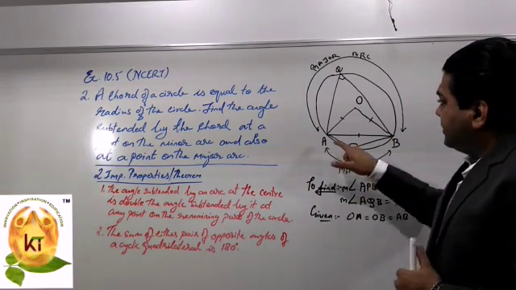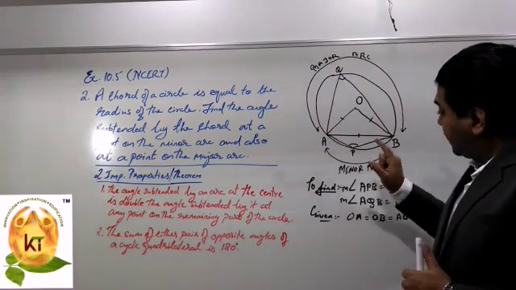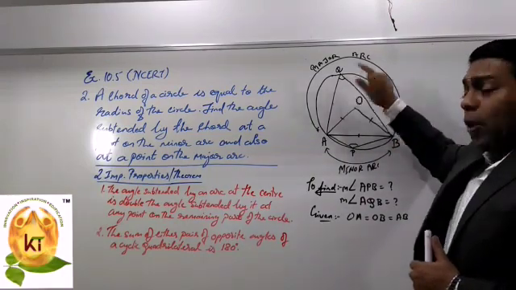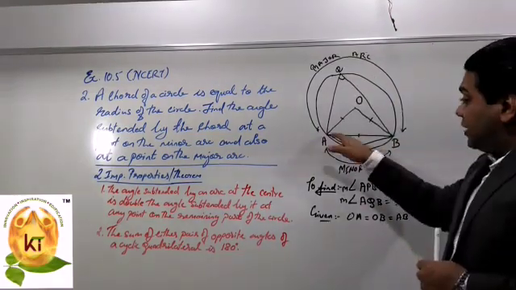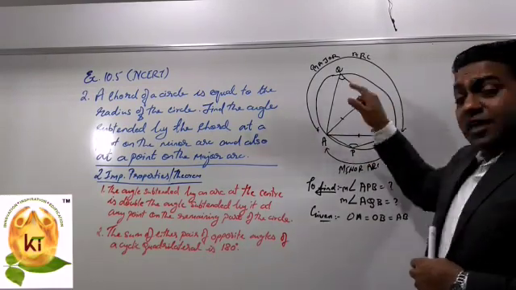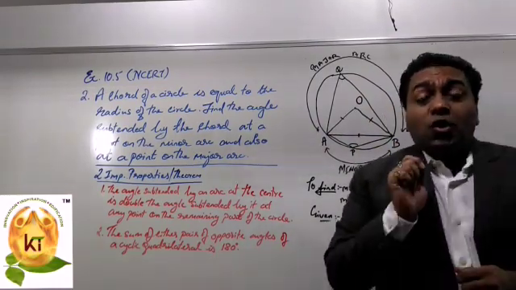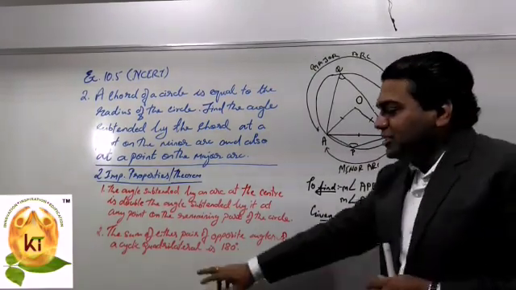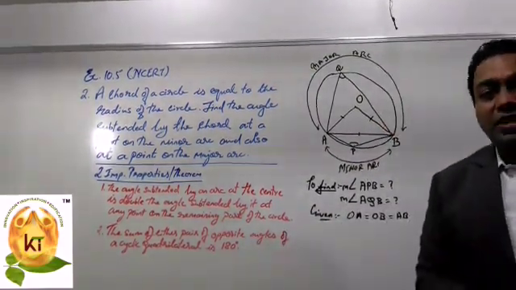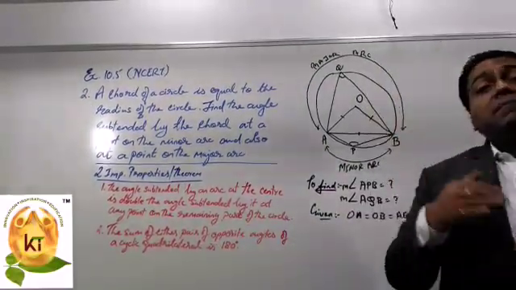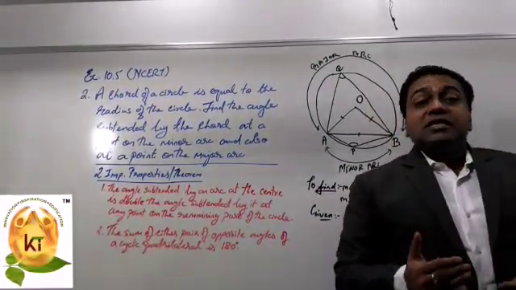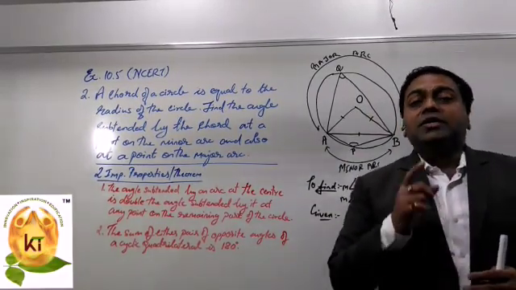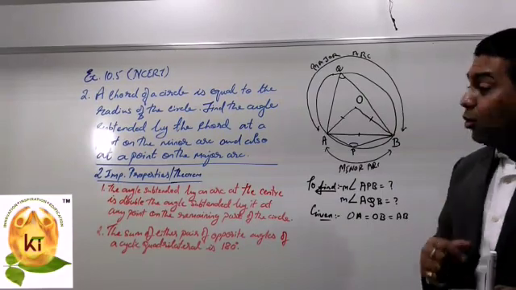Tell me. I can see point A on the circumference, point P on the circumference, point B on the circumference, point Q on the circumference. So definitely my quadrilateral APBQ is a cyclic quadrilateral. Now since this is a cyclic quadrilateral, I am going to use the second property, the theorem of cyclic quadrilaterals: the sum of either pair of opposite angles of a cyclic quadrilateral is supplementary, or 180.